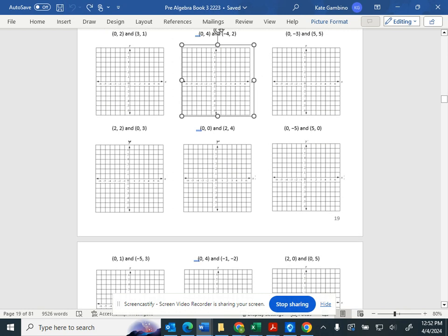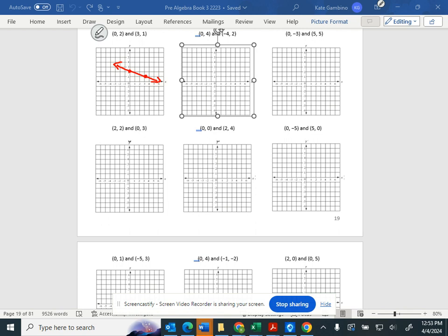What we need to do is graph our two ordered pairs. That's our first step. So if we have 0, 2, then we have 3, 1. And I need to draw my line, and yes, it needs to resemble a line and not crazy squiggles. So that was our first thing: draw a line using the two ordered pairs.